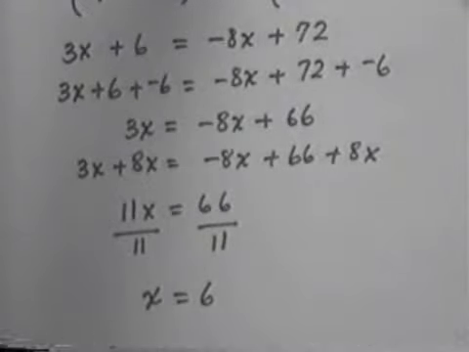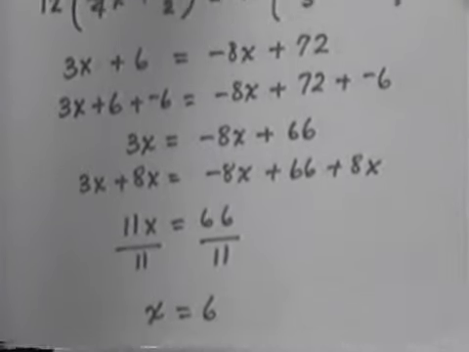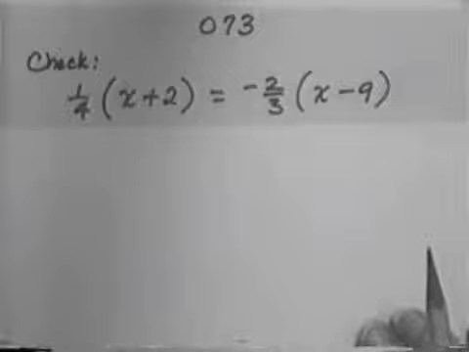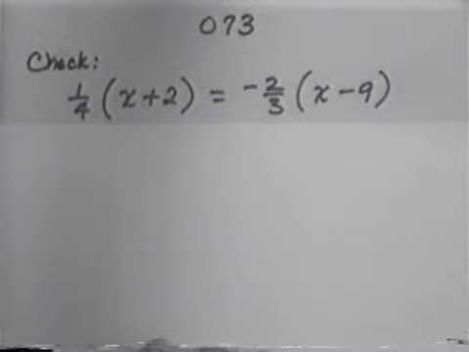Let's check this problem. Remember that to check the problem, we always write down the original problem. The check for this one is 1/4 times x plus 2 equals negative 2/3 times x subtract 9.